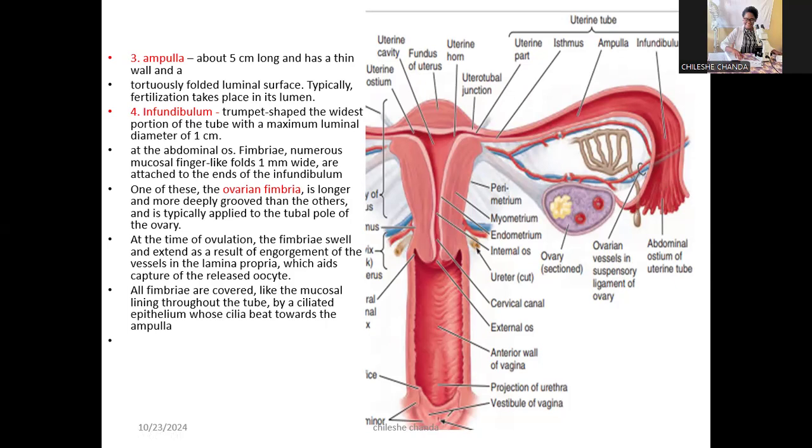This one is the one that attaches to the tubal pore of the ovary. Remember, this is the ovary. We have the uterine pore over here, and the tubal pore over here, and so we have this fimbria coming to attach to this tubal pore. At the time of ovulation, the fimbria swell.